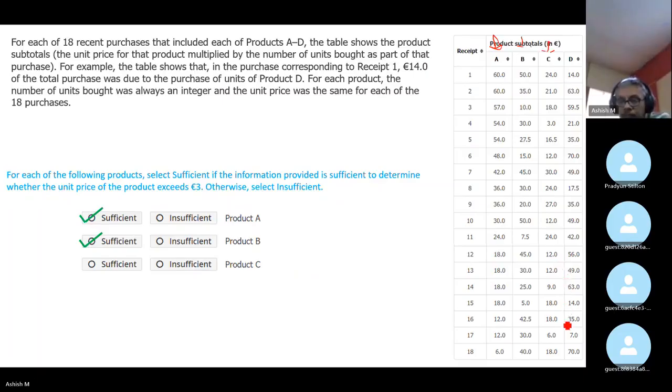Why? 12 and 16.5, row number 5, and 16.5 and 18. So clearly the unit price for product C could be either 1.5 or lesser than that, but there is absolutely no way that it can be greater than 1.5.